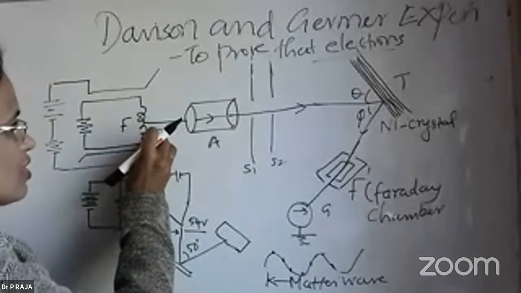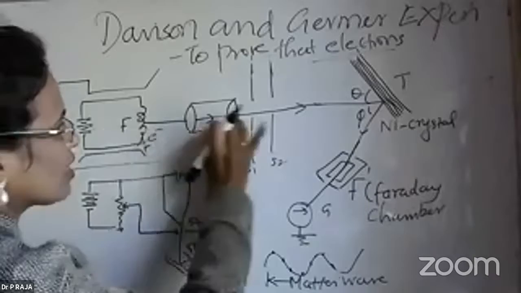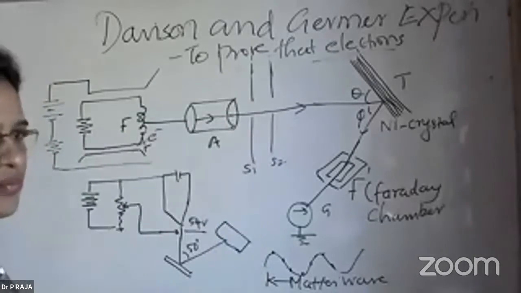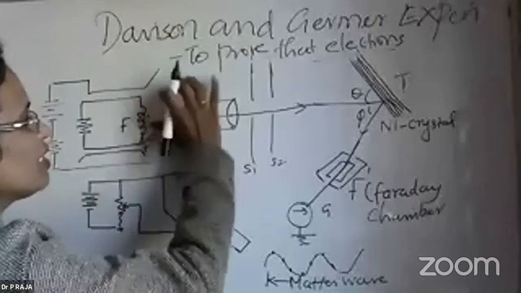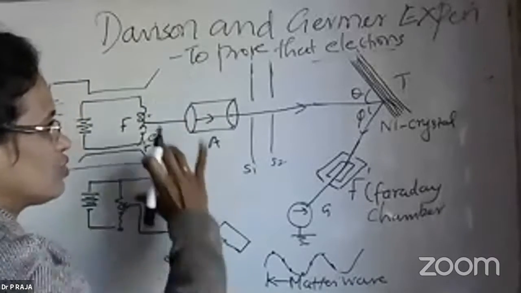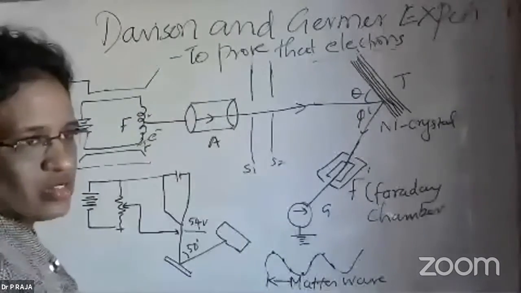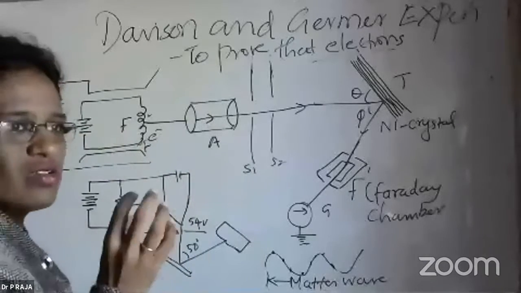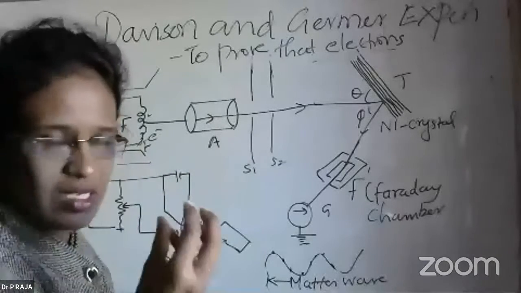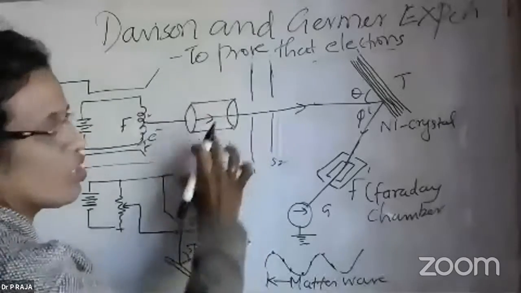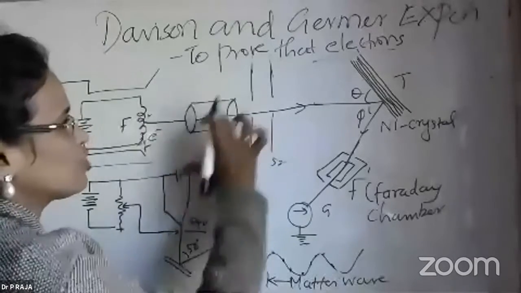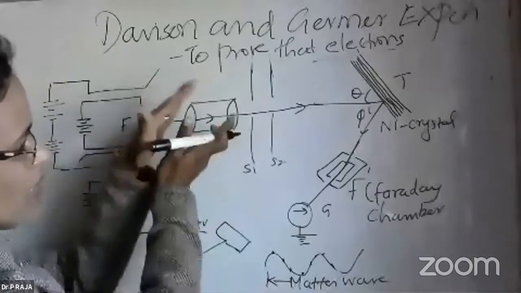These electrons, when they are allowed to pass through, can be scattered, isn't it? There will be many electrons ejected outside, and when they go out, they get scattered. So in order to concentrate on a few electrons, or one or two electrons, you can allow them to pass through a collimator arrangement, which collimates the electrons.